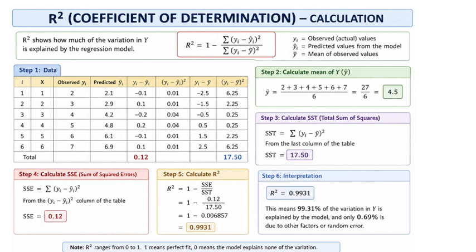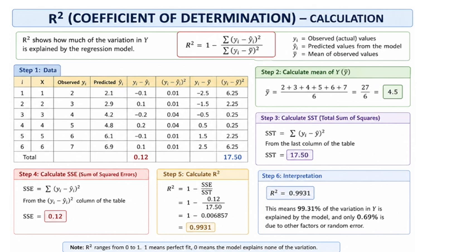The total sum of squares in this case is 17.50. For example, for the first one, the mean value is 4.5 and the observed value is 2, so y minus y bar becomes minus 2.5. When we square it, it becomes 6.25.